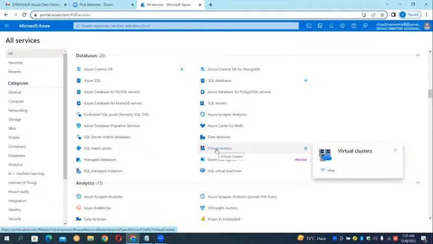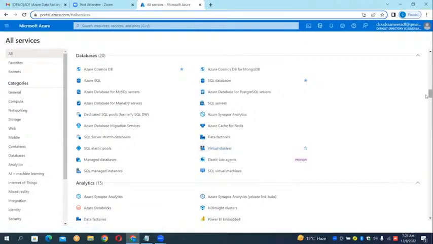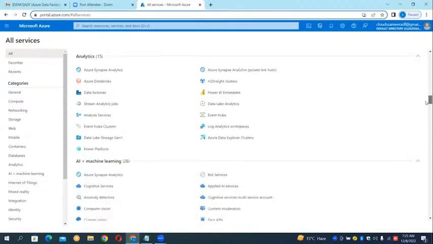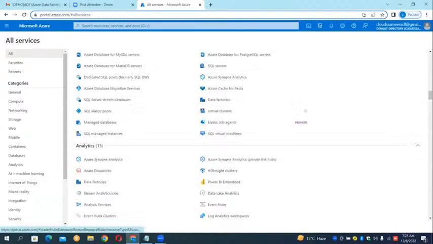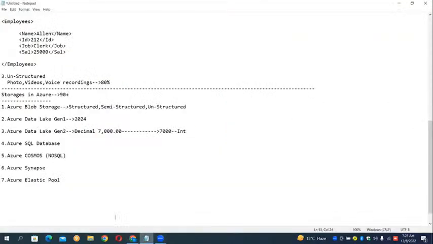Getting my point, everyone? These are the 90 plus storages we can have.